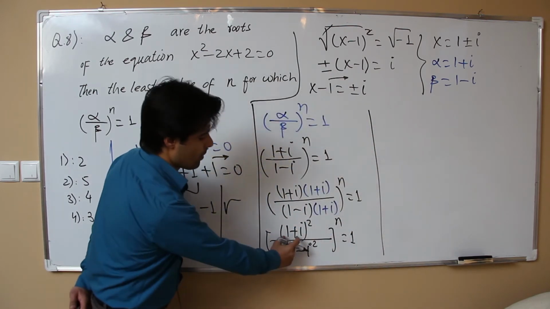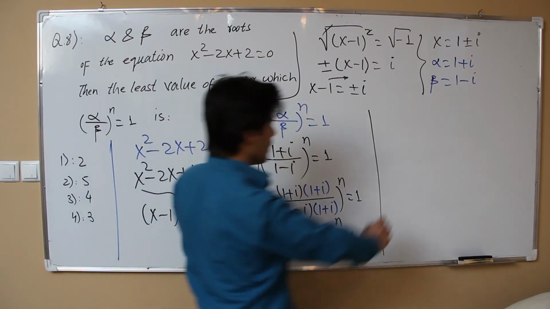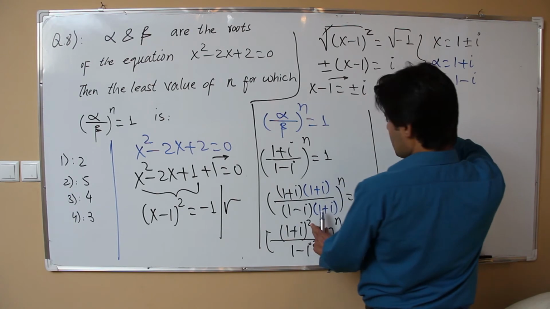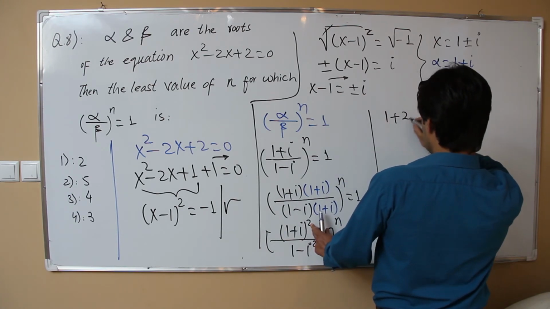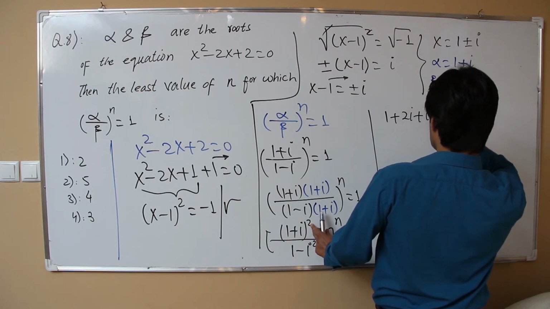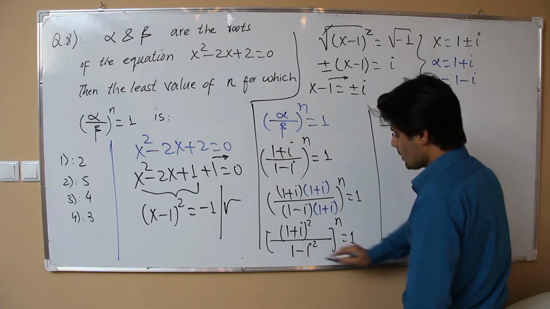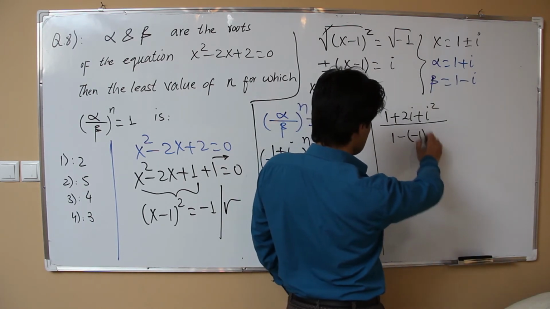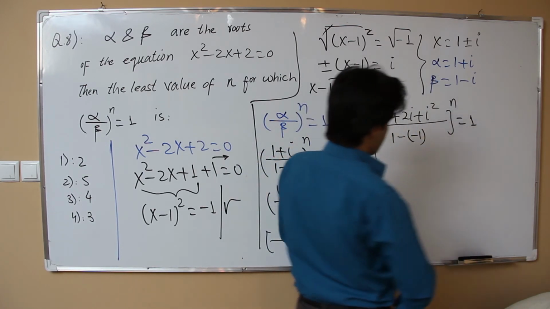Now we can simplify this part. It is (a plus b) square, a square plus 2ab plus b square, I mean 1 plus 2i plus i square, divided by 1 minus, what is i square? It is minus 1, raised to the power n is 1.